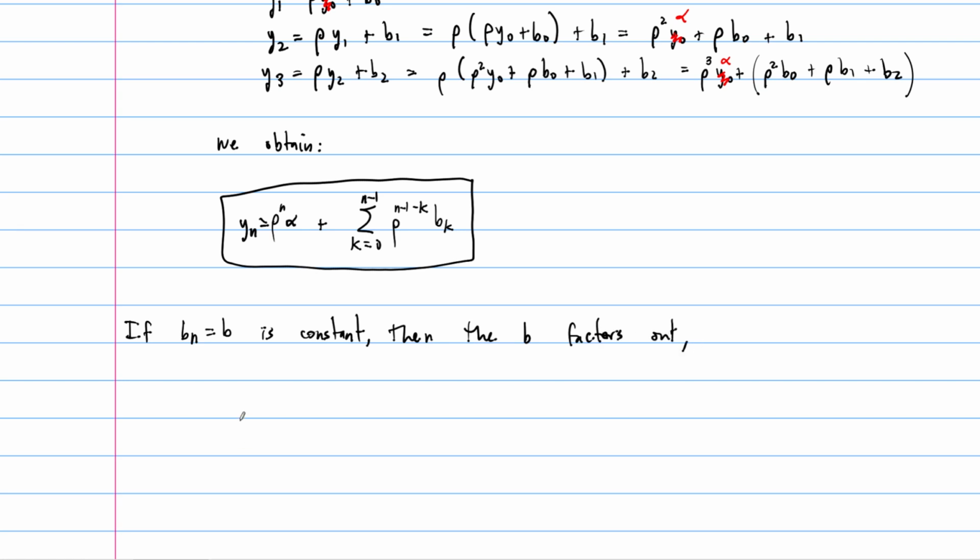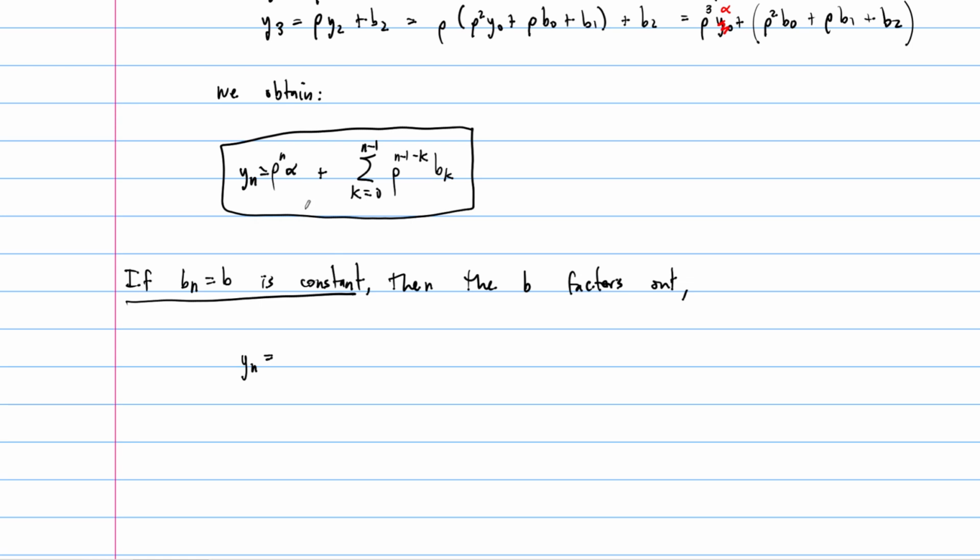And what we obtain is, so this is yet another scenario. We've made another hypothesis here. What we obtain is rho to the nth power times the initial population alpha, plus b times this sum, but this sum is now geometric. So this is rho to the n minus 1 minus k.